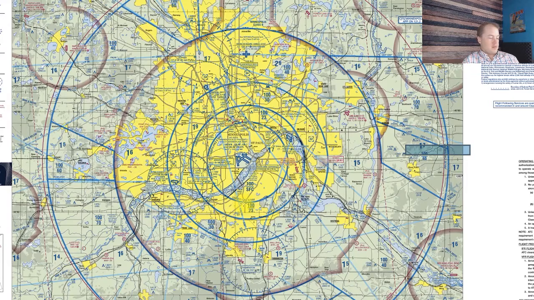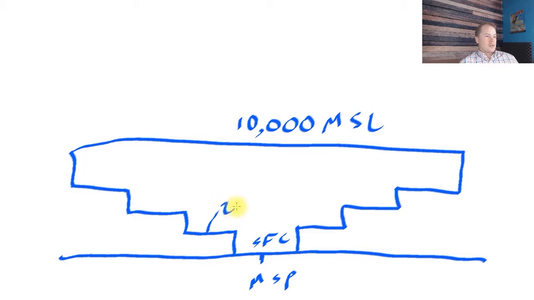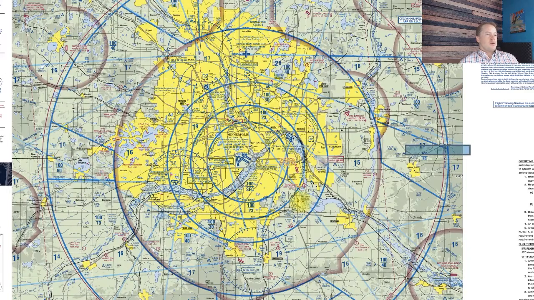So let's go back to our diagram here. We know that from the map, the top of that Class B is 10,000 feet MSL. In the middle, it starts at the surface. This layer right here starts at 2,300 feet MSL. What is the next ring?